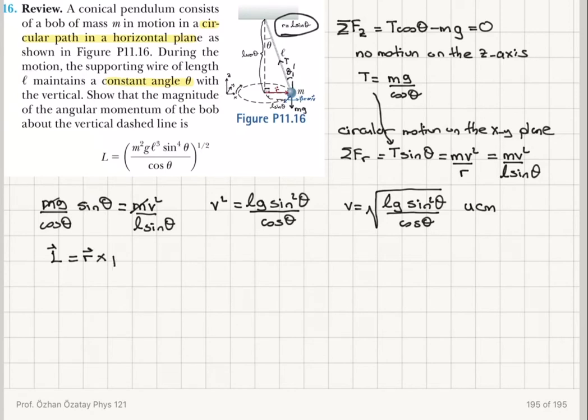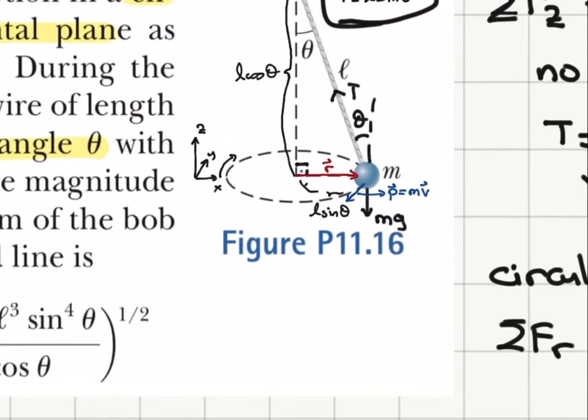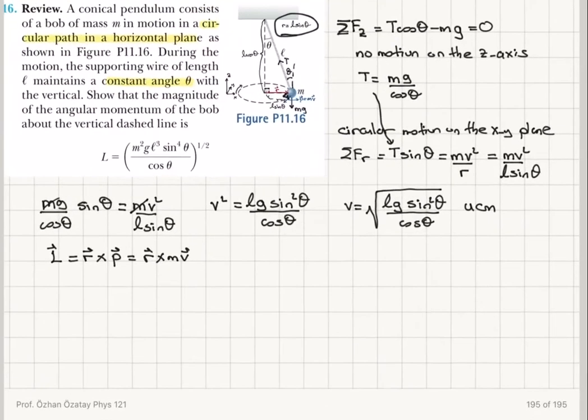Now, the angular momentum of this bob is going to be r cross product with its linear momentum p. So it's r cross product with mv. And once again, if I look at the figure, the velocity is tangential velocity, so it's perpendicular to the position vector of the bob. So I find that this is mvr, right?